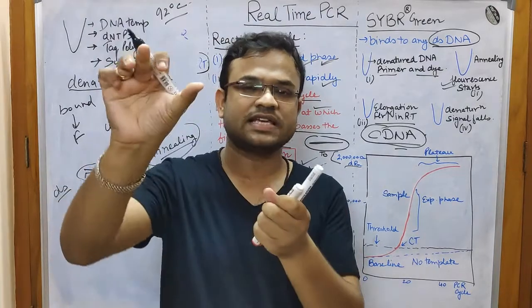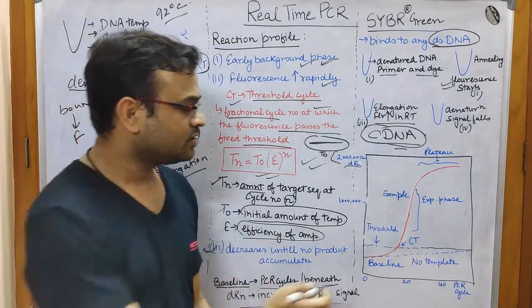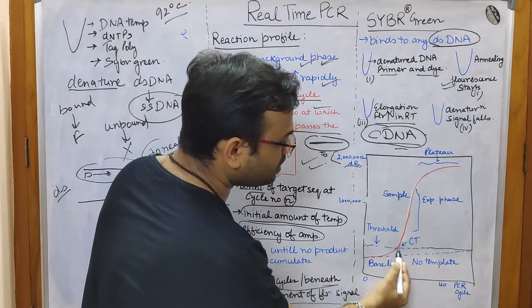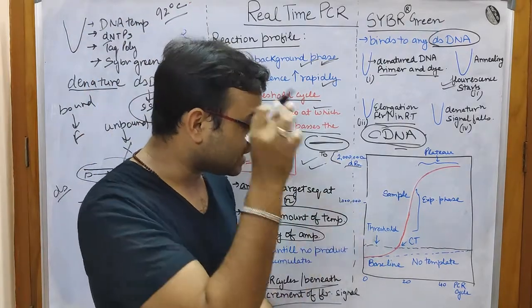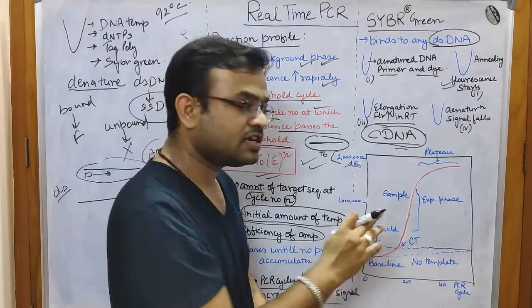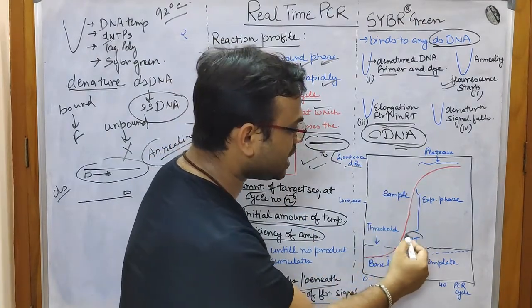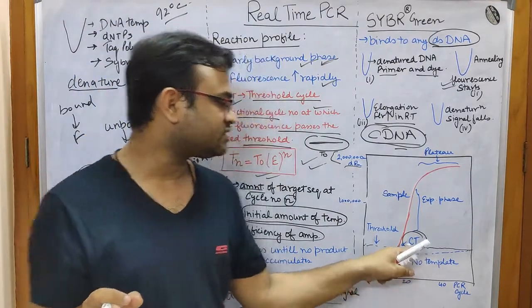Suppose after the 10th cycle the signal becomes high enough to cross this threshold. That particular cycle is called the threshold cycle.